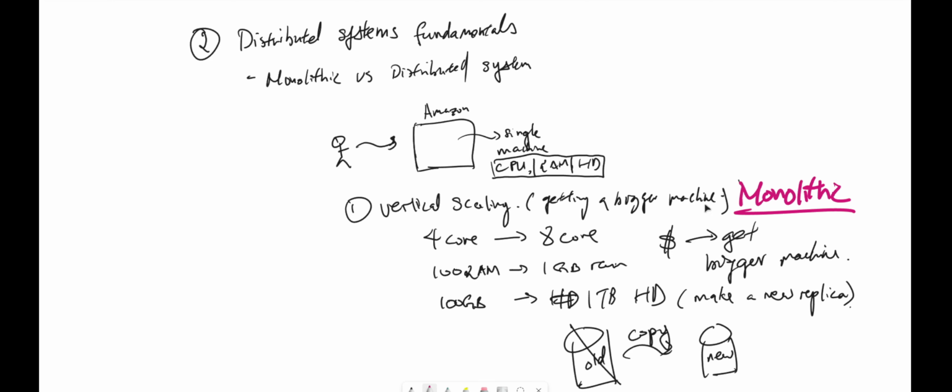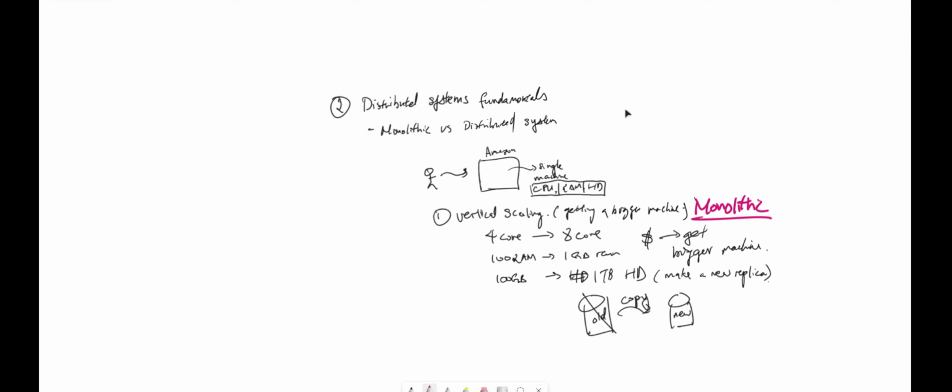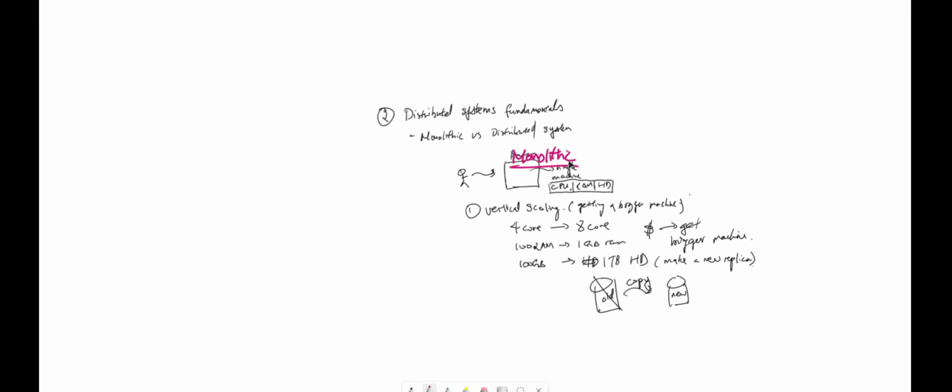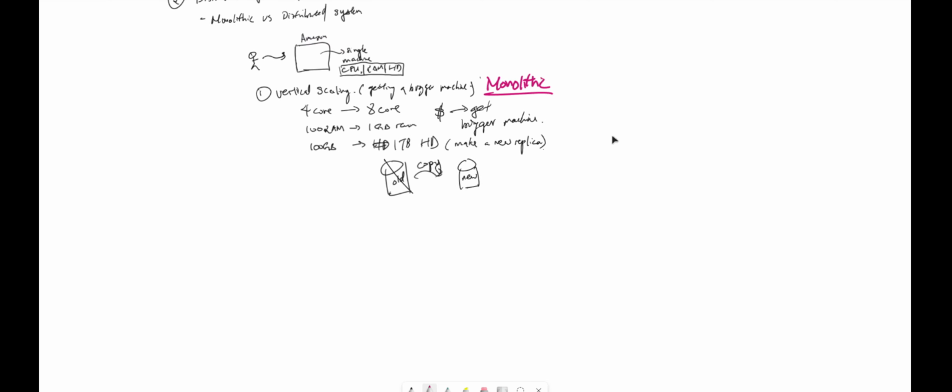So how do we scale out a distributed service? Well, we use something called horizontal scaling. Horizontal scaling is getting more machines instead of getting a bigger machine.